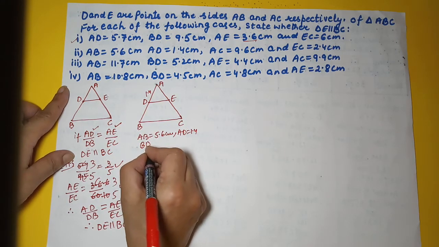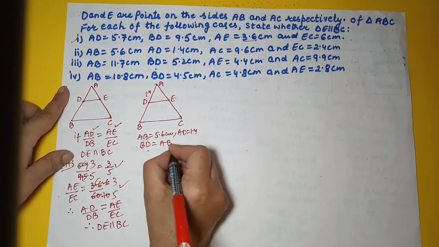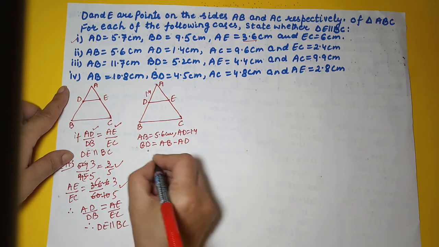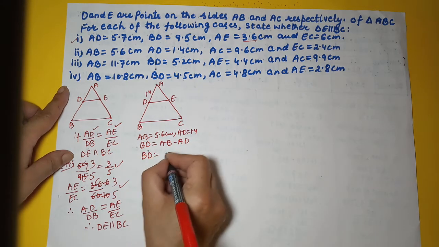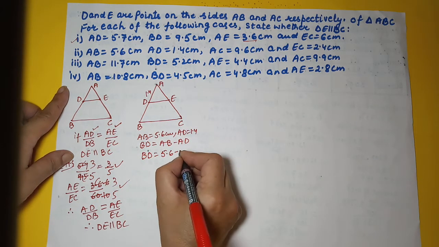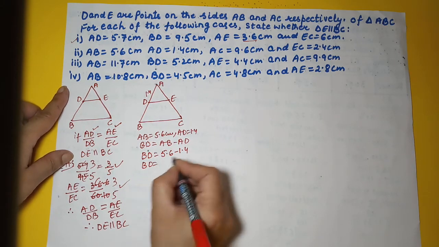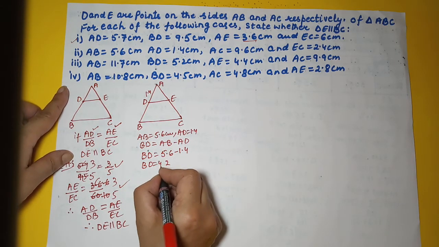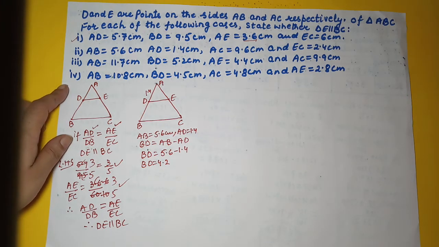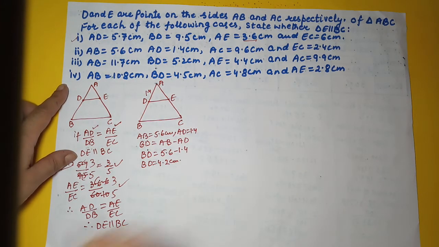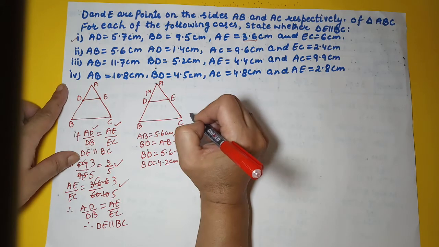Yes. BD will be AB minus AD. So my BD will be 5.6 minus 1.4, which is 4.2. So this is my BD, 4.2 centimeters. So then I'll come to this side.